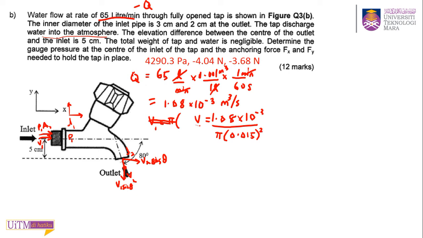This is V1. And V2 is Q divided by A2, where A2 is pi times 0.01 squared. What is the value of V1 and V2?